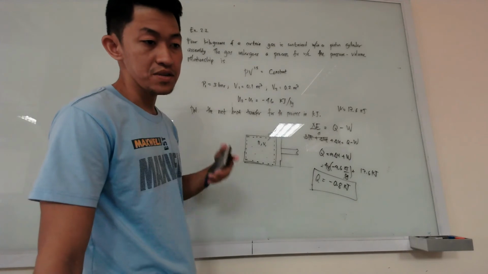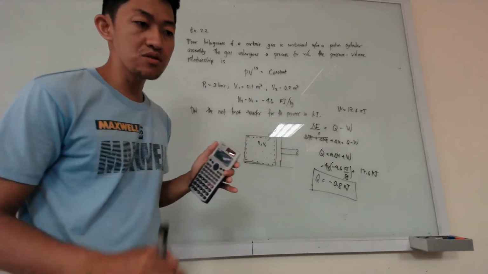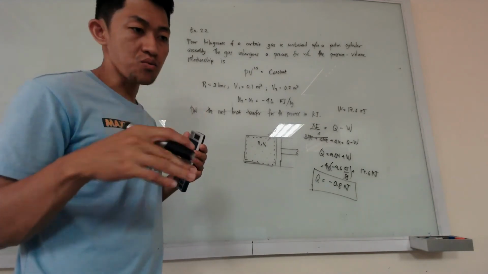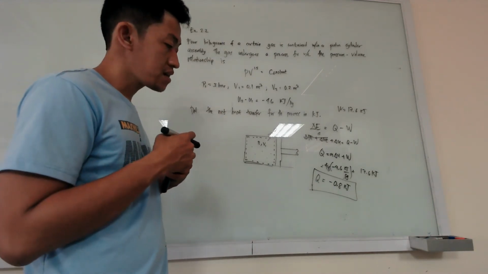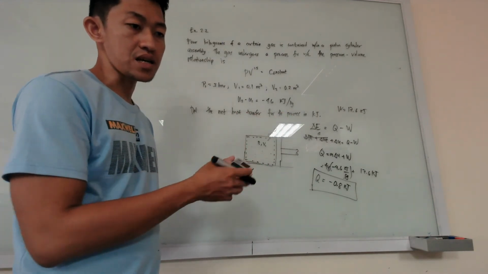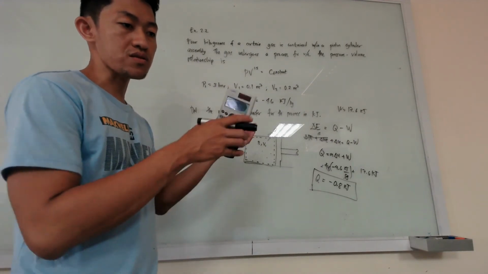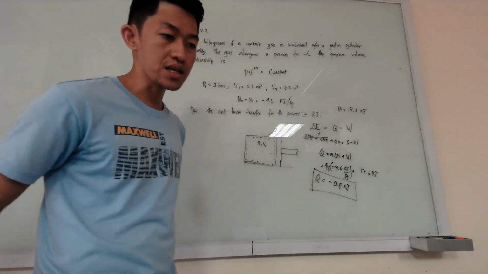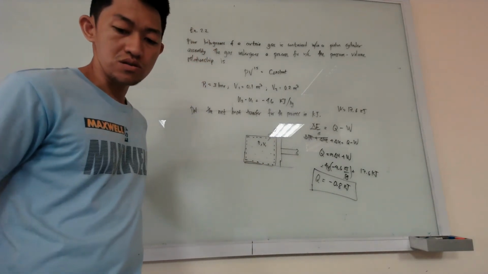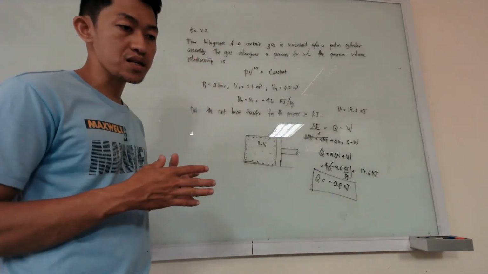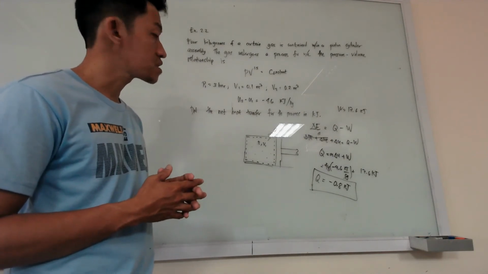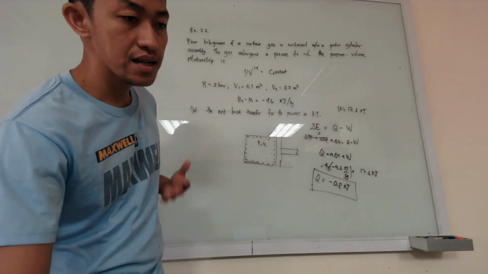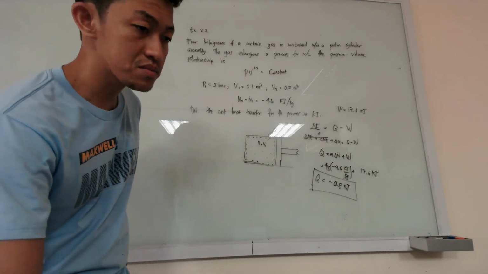So using the first law of thermodynamics, we are able to account that only 17.6 is the work that was done. The other, what is it, became waste heat to the surroundings, which is the value 0.8 kilojoule. So we can see the importance of the first law of thermodynamics. So I think practice solving the problems in the book.